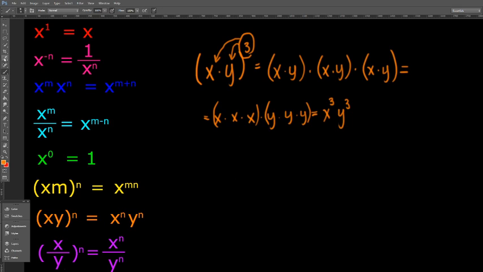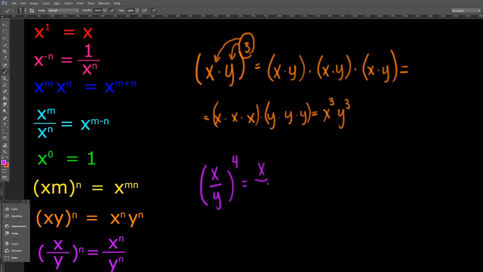I'm gonna move on. I'm gonna kind of show you that the same thing happens here in purple in this last rule. So let's do a similar example. So if I've got some division here, let's say x divided by y, and we'll go to the fourth power. Why not? So that's x divided by y multiplied by itself 4 times.